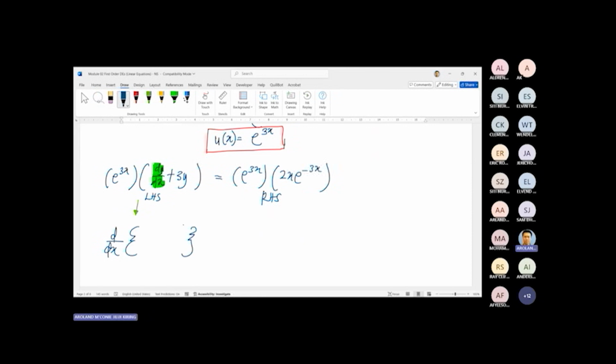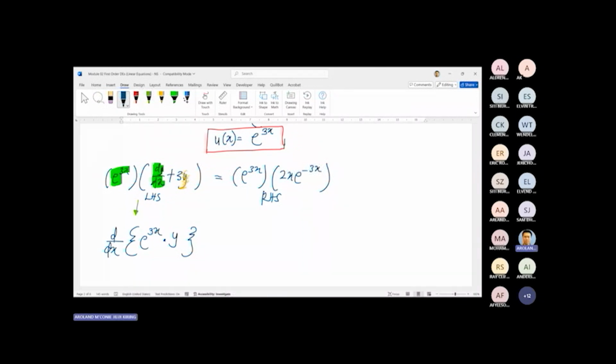The first component is the function y, because you have y here. The second component is your integrating factor, your u(x). So it must become this. You don't need to do anything here. You only need to put it in this form for the left-hand side of the equation.